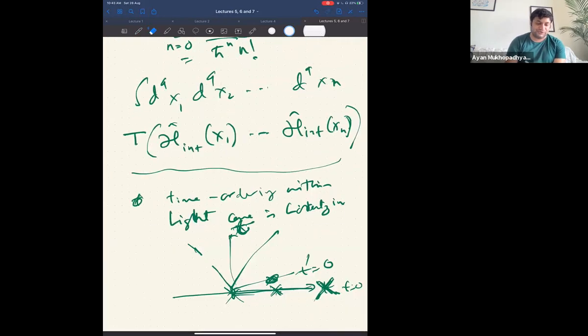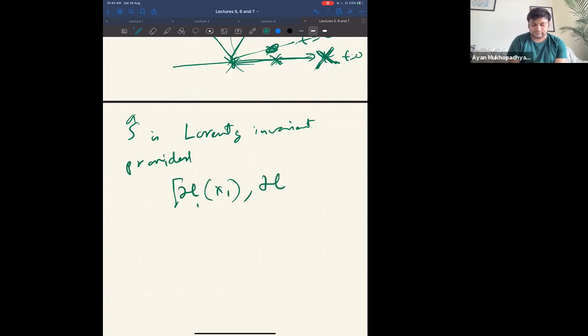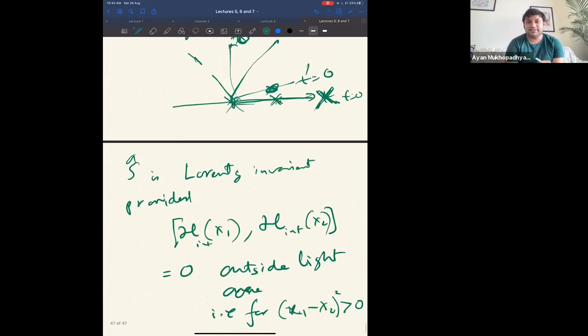However, in this expression we are integrating over all space and time. So this expression S hat is Lorentz invariant provided this time ordering, if the events are inside the light cone, is independent of the frame.